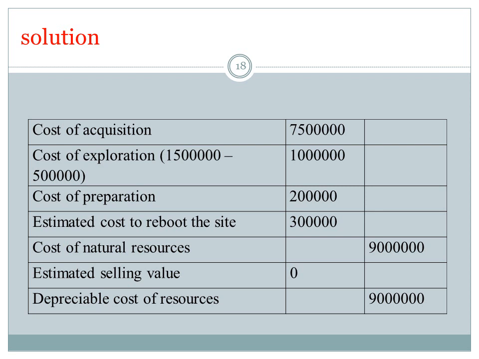According to cost of exploration, you should eliminate 500,000 because this amount is the case of failure exploration.